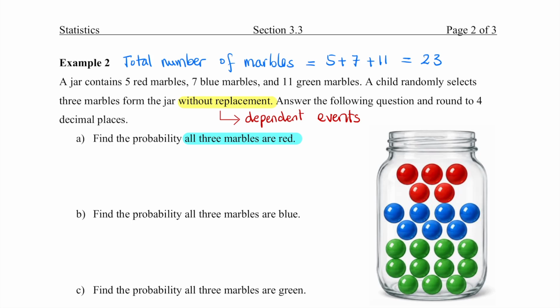Since all 3 events must occur, we use the multiplication rule. So the probability that all 3 marbles are red equals the probability that the first one is red times the probability that the second one is red times the probability that the third one is red.